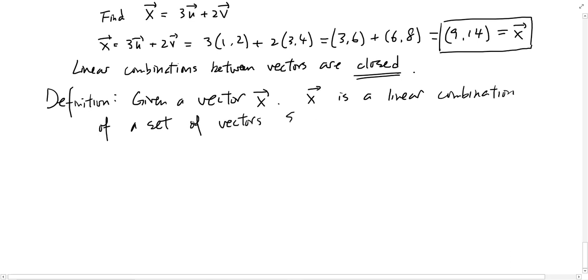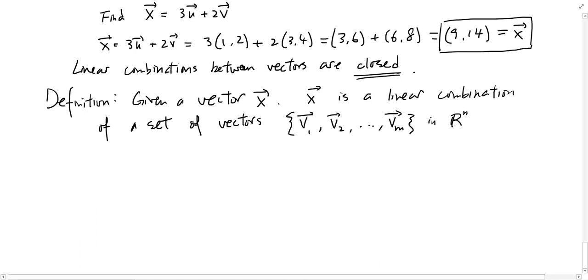And let's say this set of vectors is vector v1, vector v2, to vector vm. Vector x is a linear combination of a set of vectors v1, v2 to vm in Rn. So therefore, this set of vectors has to be all in the same dimension, Rn. Otherwise, it's not going to be able to form the combination.